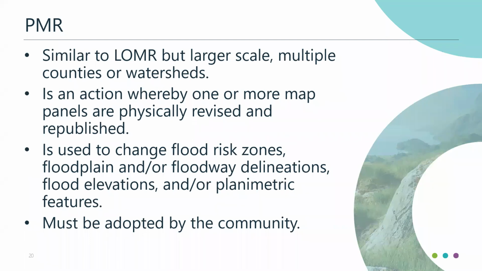The PMR must be adopted by the communities. It is a map revision similar to a LOMR, and it's used to change flood risk zones, floodplain, and floodway boundary delineations, but at a much larger scale than a LOMR, say a single lot site or two lot site, as opposed to multiple counties.